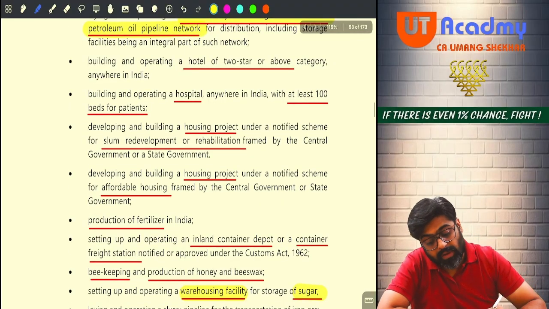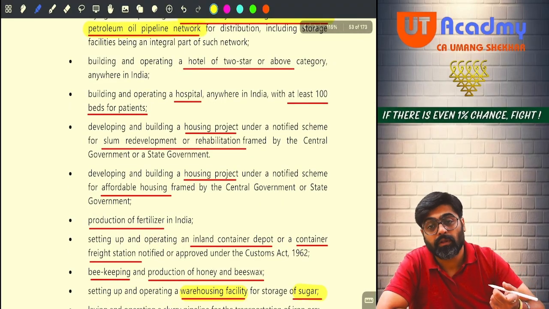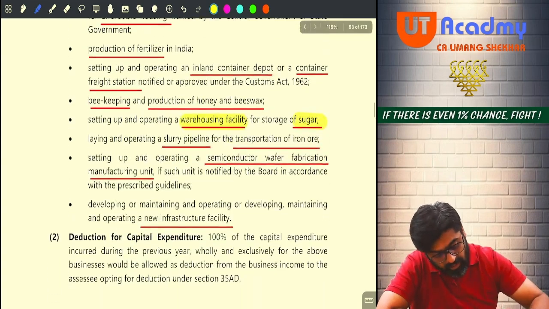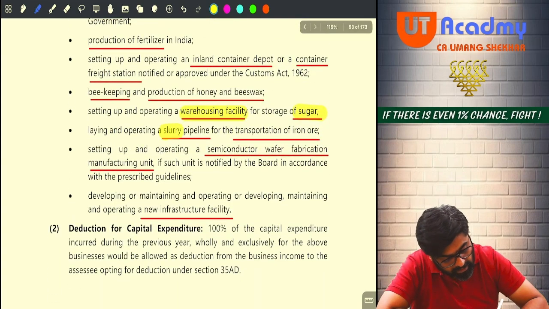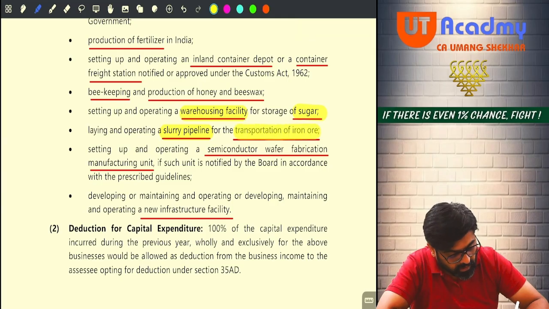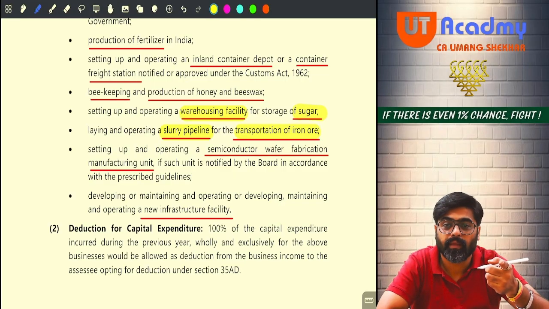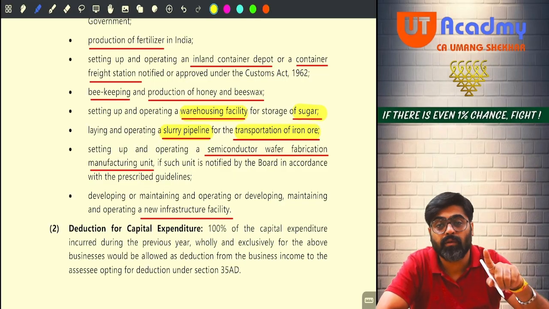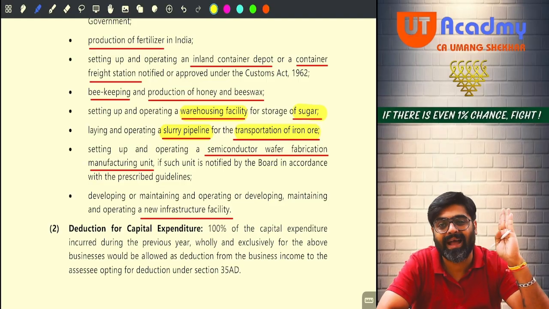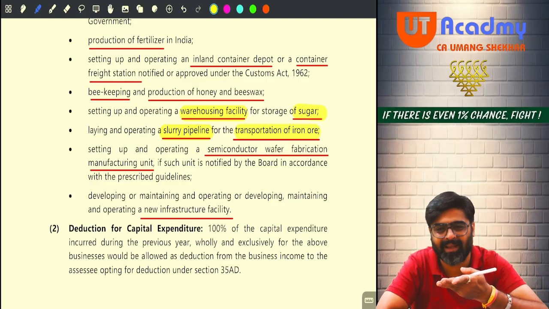Now, you can also have the business of laying and operating slurry pipeline for transportation of iron ore. Iron ore is converted into slurry, meaning mud.